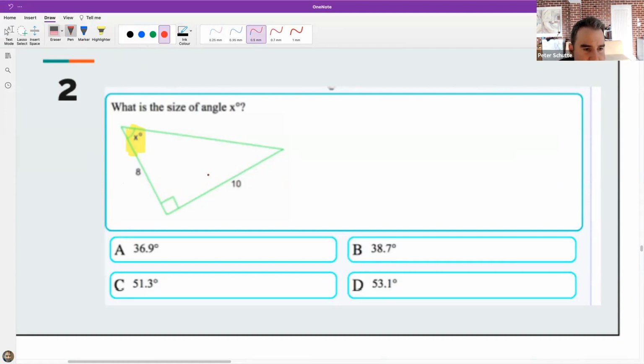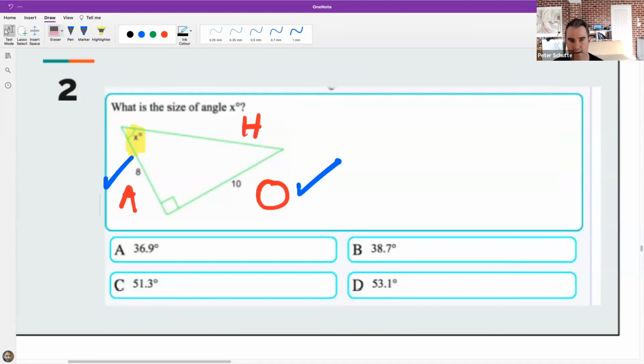So it seems like labeling is always a good idea. So that's O, and that's A, and that's A. So now, I'm going to use the ticking method. I'm going to tick this one, and I'm going to tick that one, because it feels like that's where the action is. And now I've got to ask myself, if I can't remember, this could help me look it up.